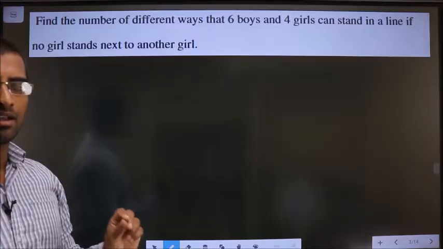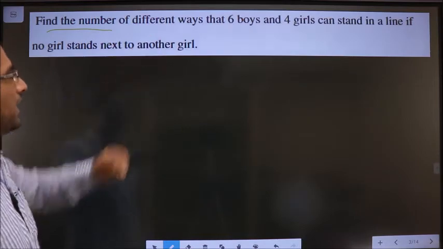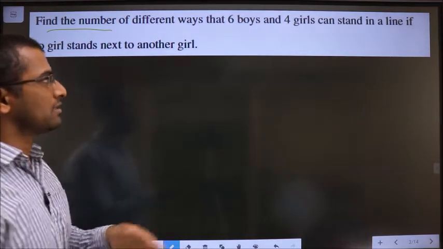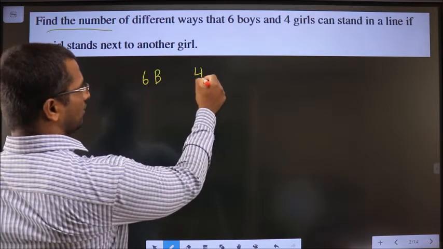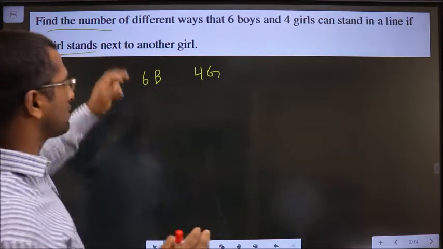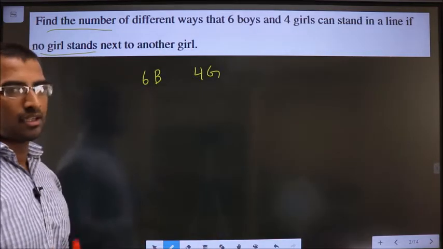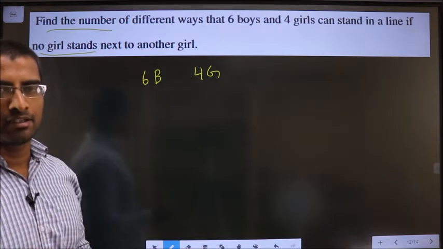Question 3. Find the number of different ways that 6 boys and 4 girls stand in a line if no girl stands next to another girl. Information, write it down. Beside a girl, another girl should not be standing.